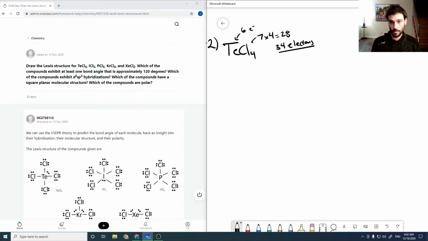So I'm just going to draw the same way I kind of normally would. The only thing is, we need 4 bonding partners, so we might as well make sure that's there. And then a lone pair.